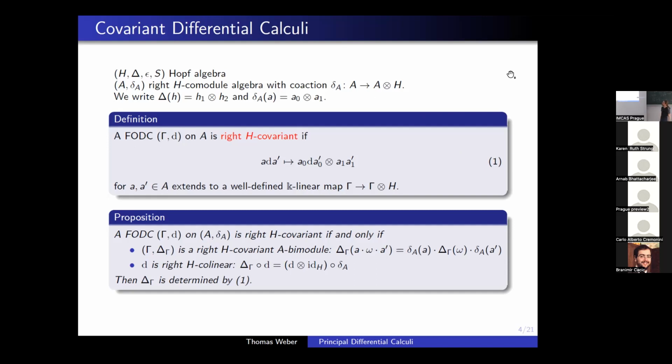Sorry. Okay. So the rationale of this definition is given by the following proposition, which just says that you have a right covariant differential calculus.